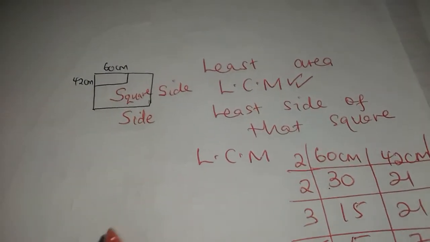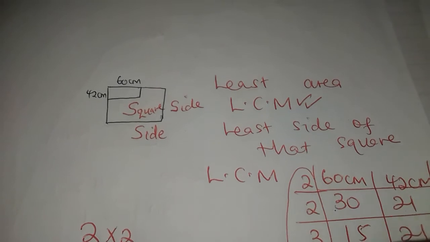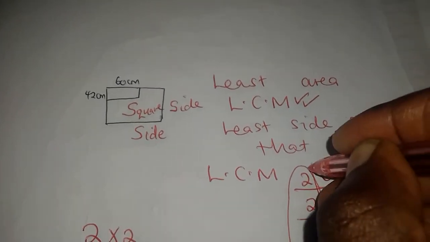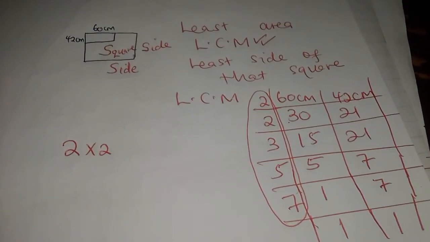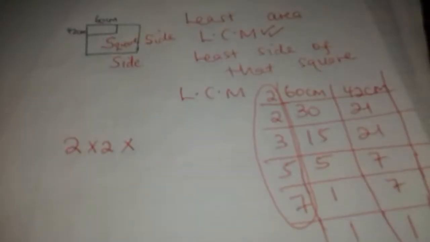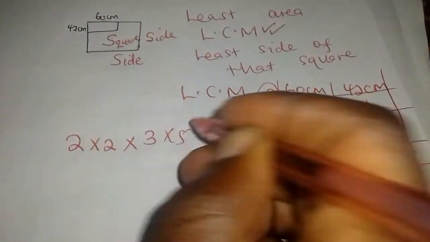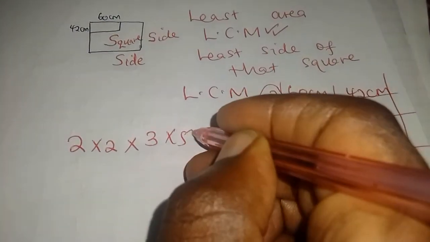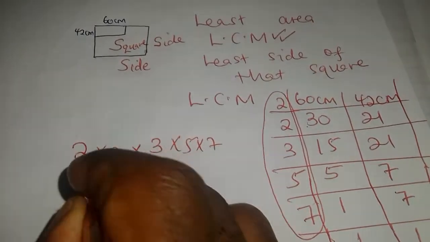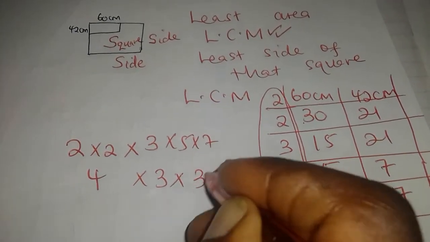So the LCM is the product of all those prime factors: 2 times 2 times 3 times 5 times 7. What do I get? That is 4, times 3, times 35.